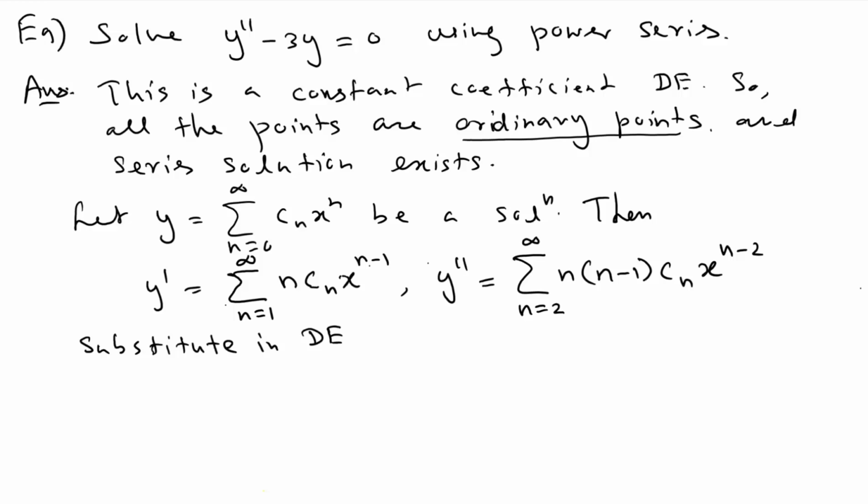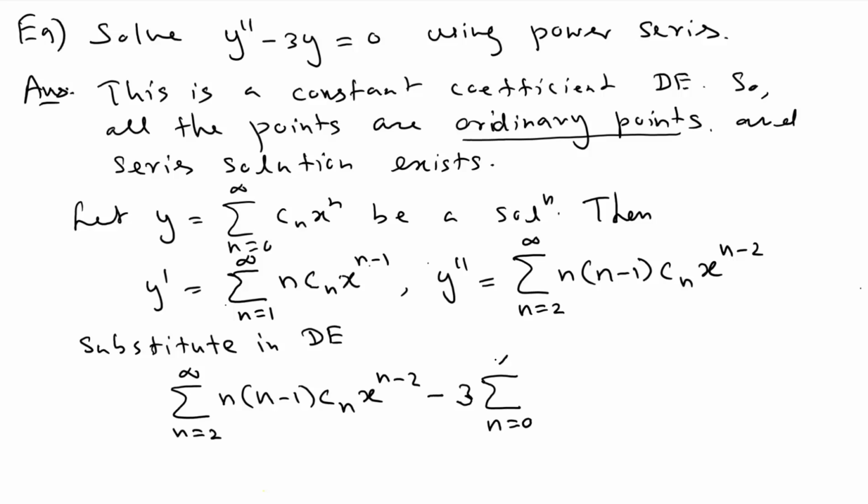So we're going to get sigma n equal 2 to infinity n(n minus 1) cₙ xⁿ⁻² minus 3 times the original one, which is the sum n going from 0 to infinity cₙ xⁿ, equal 0.